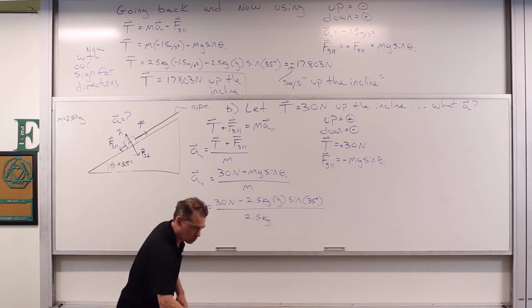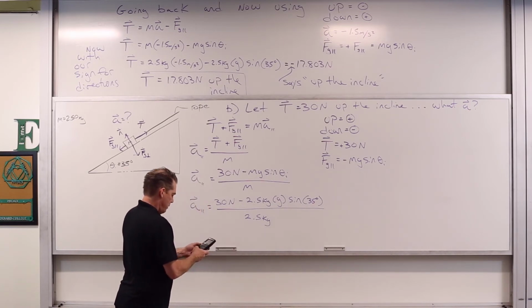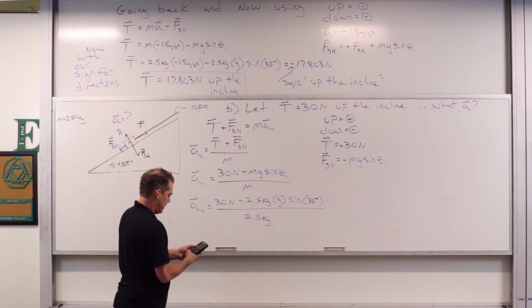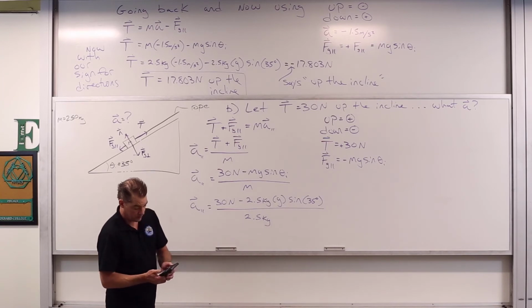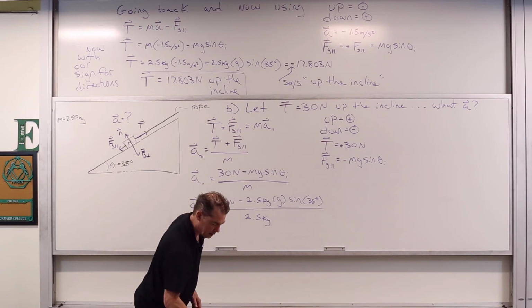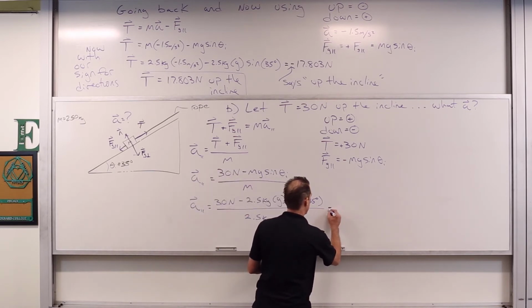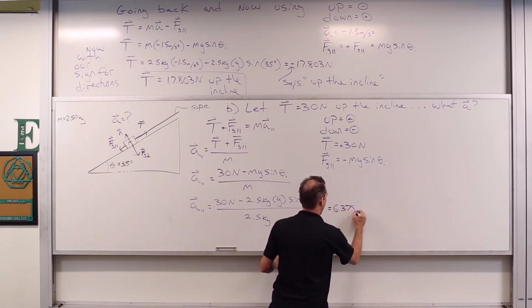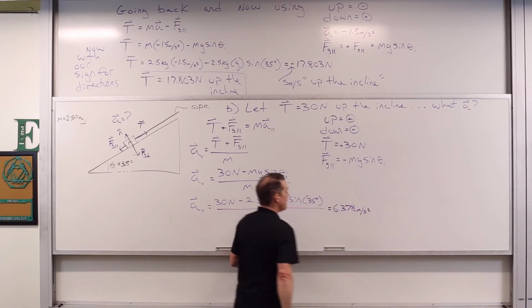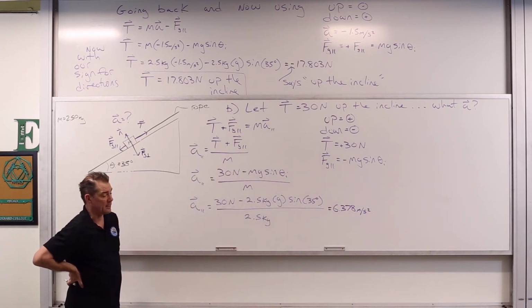So, I just solved this out, right? We've got ourselves 30 minus 2.5 times 9.8 times the sine of 35. That divided by 2.5, we get ourselves 6.378 meters per second squared.